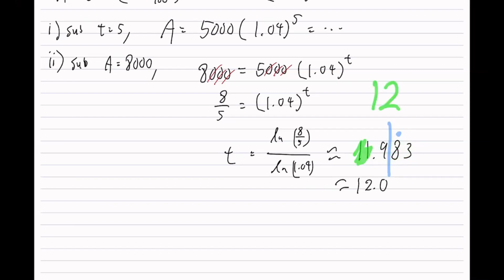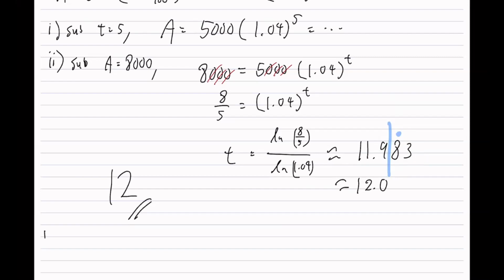So the answer is just 12, when you exceed 8,000. 11 is too little, 12 is overshot. 11.98 is just nice, but they will not compound for you for a fraction of a year.